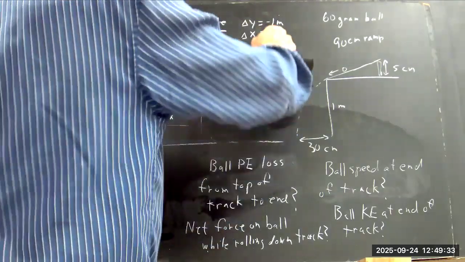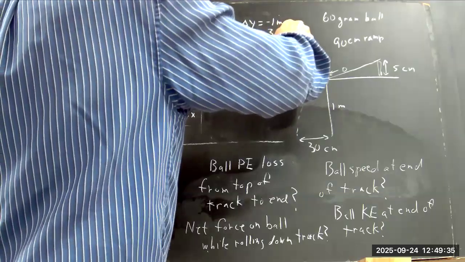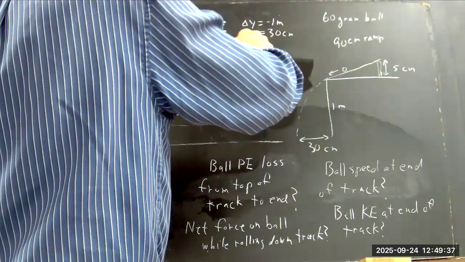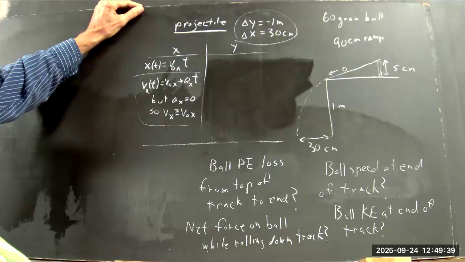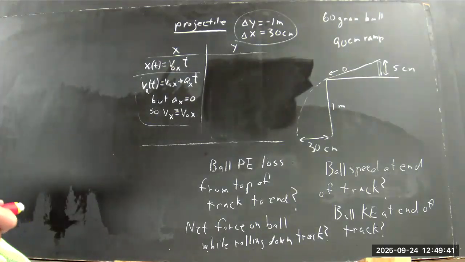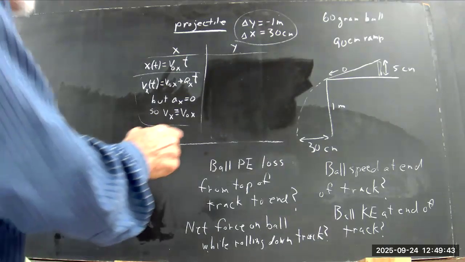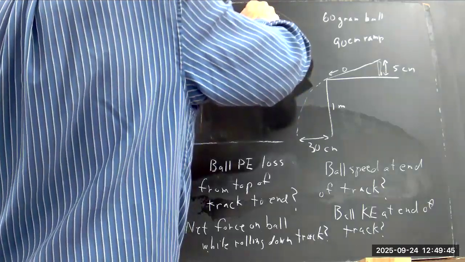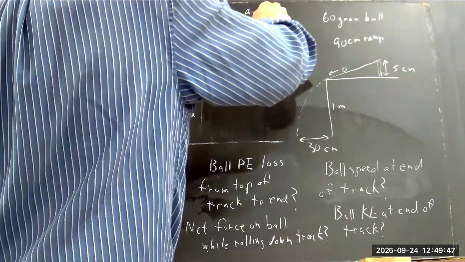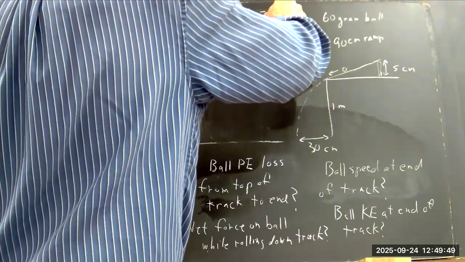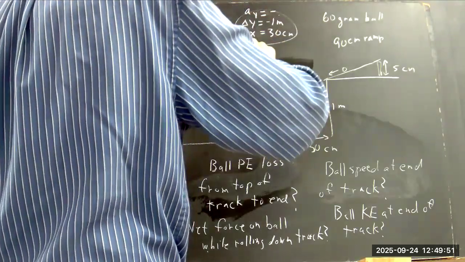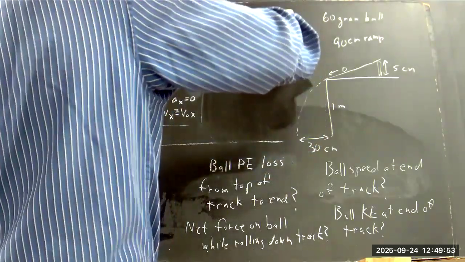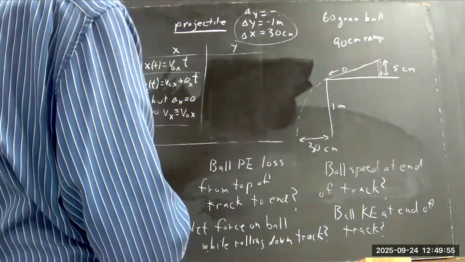Delta x equals 30 centimeters. And ay equals -g. Okay, I've got this in meters. I've got this in centimeters.